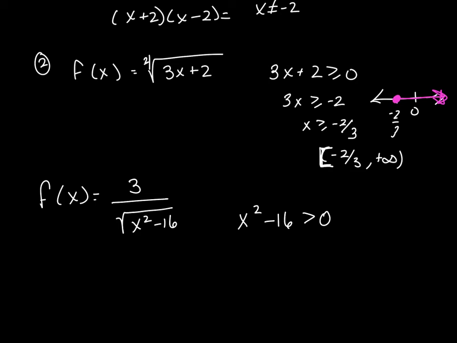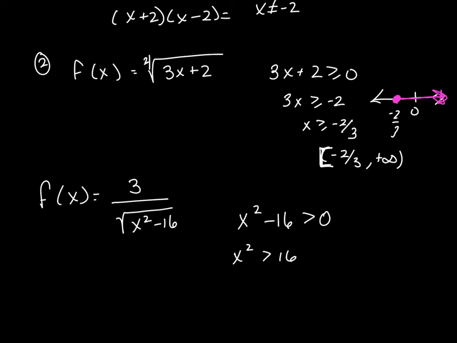Now, if I solve this one a different way than I did before, I can say x squared must be greater than 16. Writing this as an inequality can help.